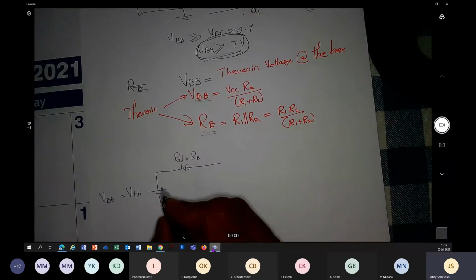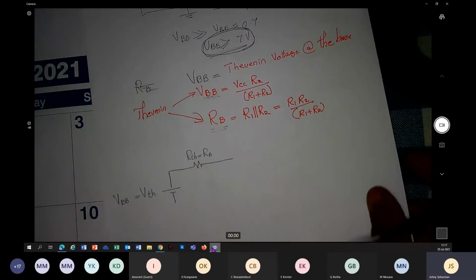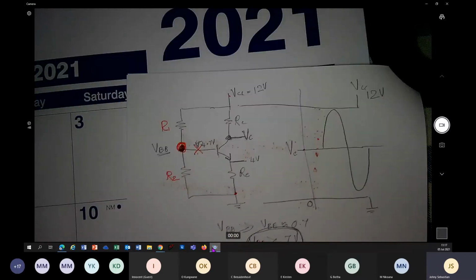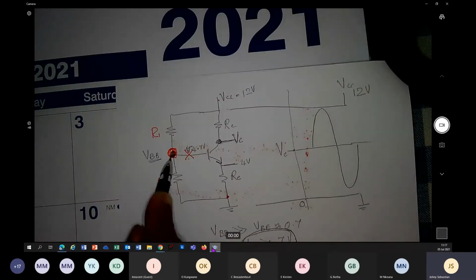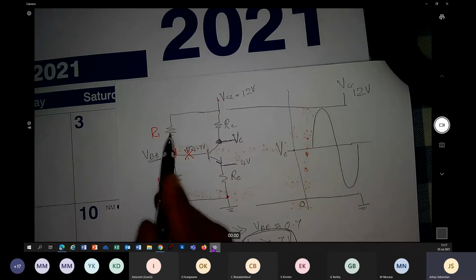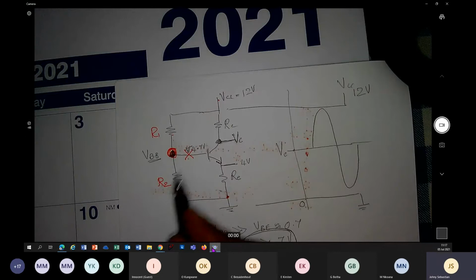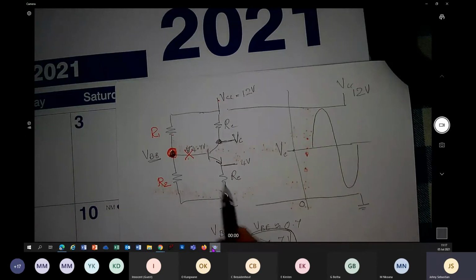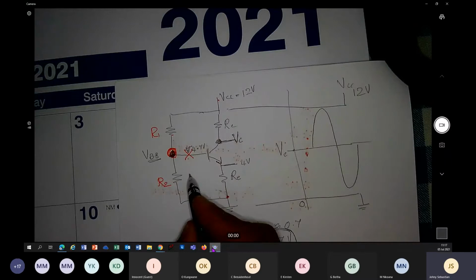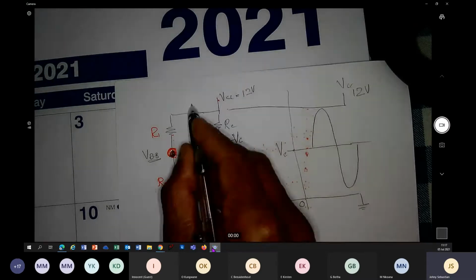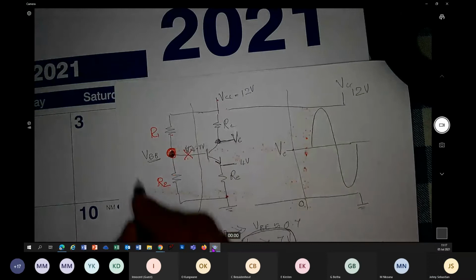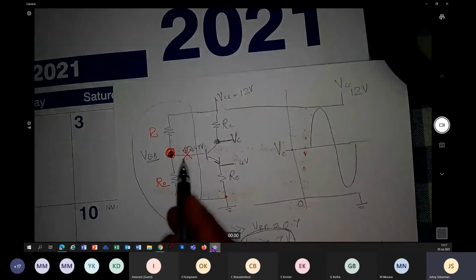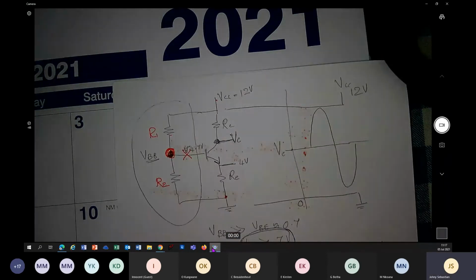this voltage divider that we did here, at this point we found VThevenin and then we found RThevenin. Now we are trying to replace R1 and R2. Then there is a base, there is an emitter, and there is an emitter resistance. So we are trying to make a Thevenin equivalent circuit for this much. This much is replaced with a Thevenin voltage in series with Thevenin resistance.